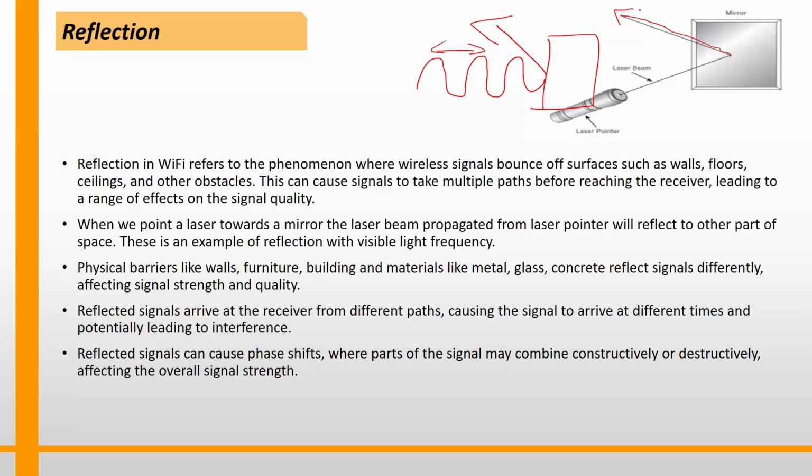Physical barriers like walls, furniture, buildings, and materials like metal, glass, concrete reflect signals differently, affecting signal strength and quality. Reflected signals arrive at the receiver from different paths, causing the signal to arrive at different times. In our previous classes, we have learned about multipathing. One of the causes of multipathing is reflection.